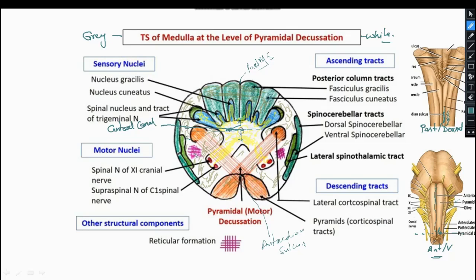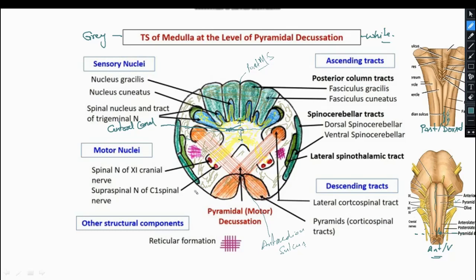So you have to describe it as anterior, and another word is lateral. Similarly, for many other structures you see here, you have to describe according to the position in relation to the central canal.